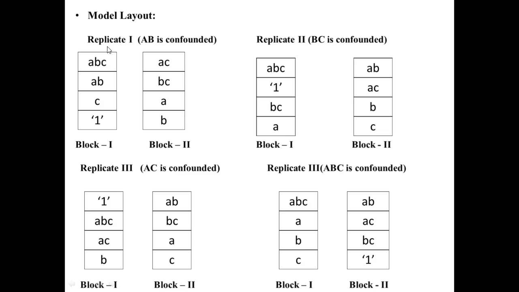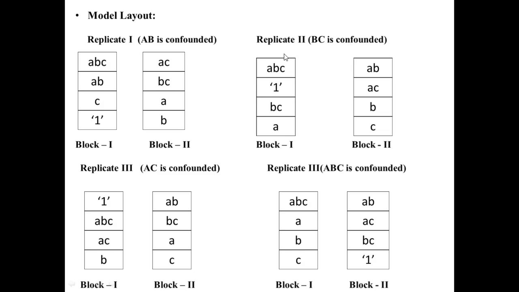In replicate 1 we confound the AB interaction effect. In block 1 we consider the negative sign treatment combinations, so we get ABC, AB, C and 1, and in block 2 we have the positive treatment combinations, so it is AC, BC, A and B. In replicate 2 we confound BC.